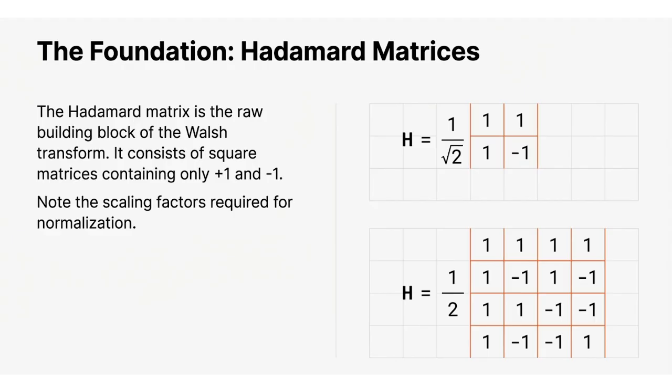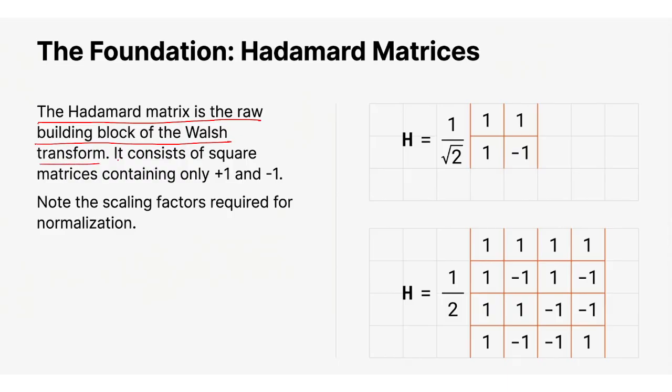So the next transform is the Walsh transform. It is called the Walsh transform. And over here, the foundation is basically the Hadamard matrix. So herein, the Hadamard matrix is the raw building block of the Walsh transform.